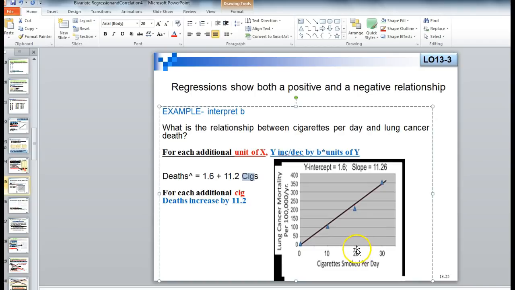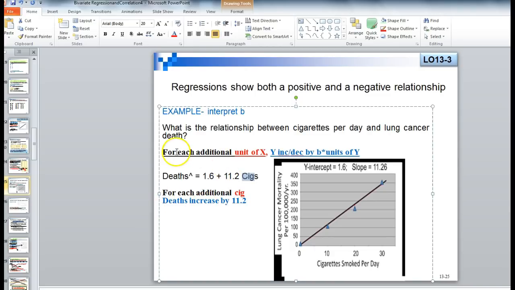It's either 10 or 20 in a pack. I'm not sure. But anyway, here we have cigarettes smoked per day, and lung cancer mortality per 100,000. As cigarettes smoked go up, what happens to mortality? Deaths go up. And the slope is 11.26.